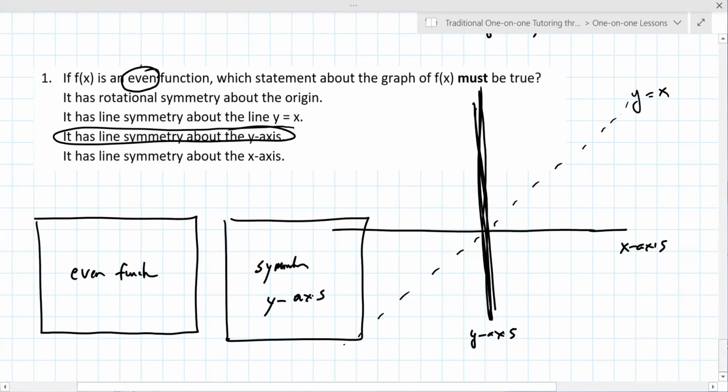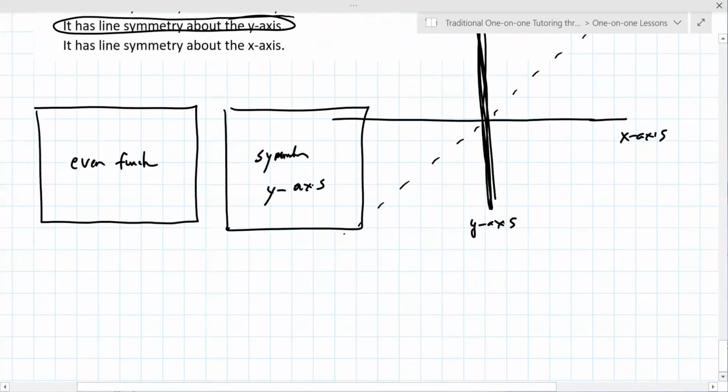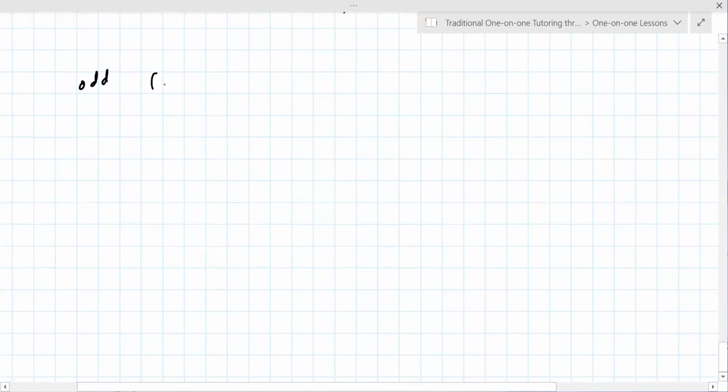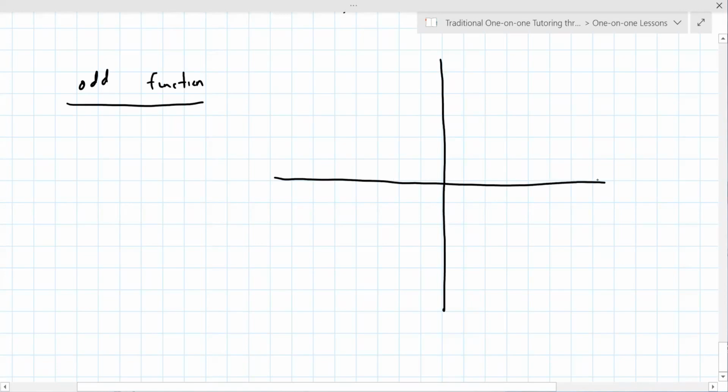Okay, so related to this question is if it's an odd function, and we haven't really talked about that except to show kind of what it means. It has what's called origin symmetry, and it's also referred to as rotational symmetry.